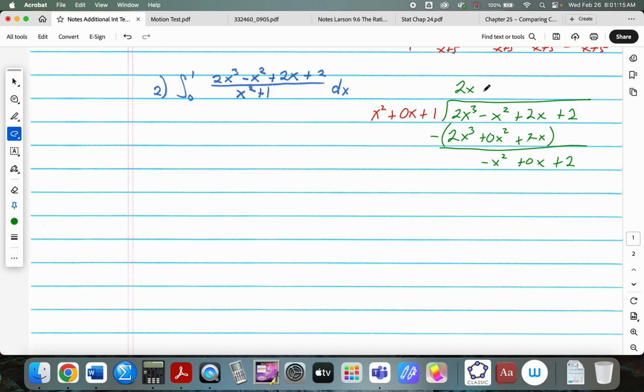So now I'll do the division again. X squared into negative x squared is negative 1. So I'm going to have negative x squared plus 0x minus 1, and I'm going to subtract that. When we subtract, we end up with a remainder of 3.